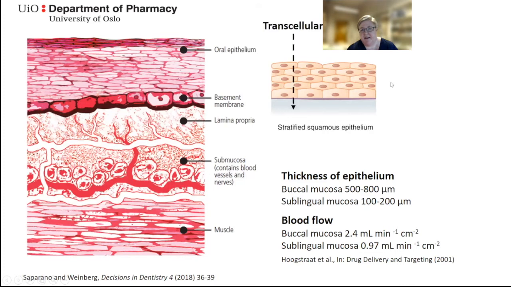A drug can pass transcellularly, but it can also pass paracellularly. There are very little tight junctions in the oral cavity, but there is a lipidic material between the cells.